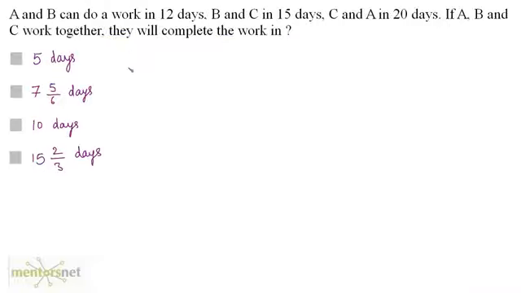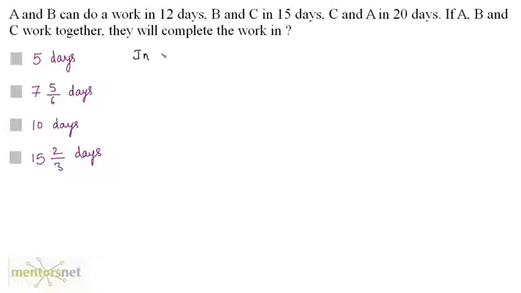A and B can do a work in 12 days, B and C in 15 days, C and A in 20 days. If A, B and C work together, they will complete the work in how many days? Now what we have to do is to calculate the work done in one day. So in one day, A and B can do 1 by 12 fraction of the work.